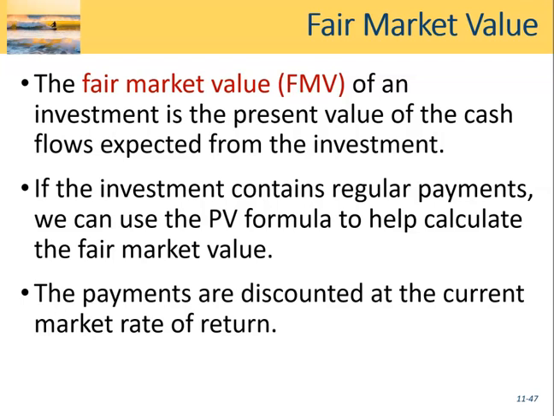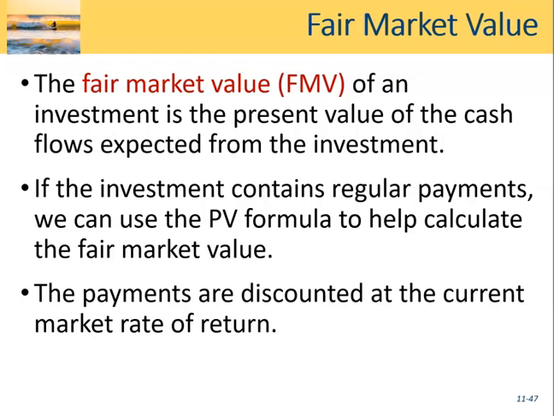So the fair market value of an investment is the present value of the cash flows expected from the investment. Okay, so we expect the 500 quarterly for the next 10 years, so the present value of that cash flow is what's referred to as the fair market value.